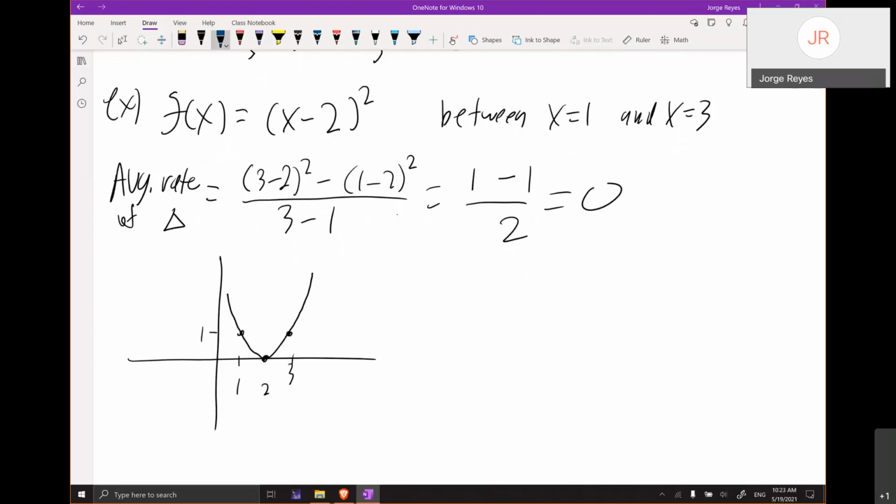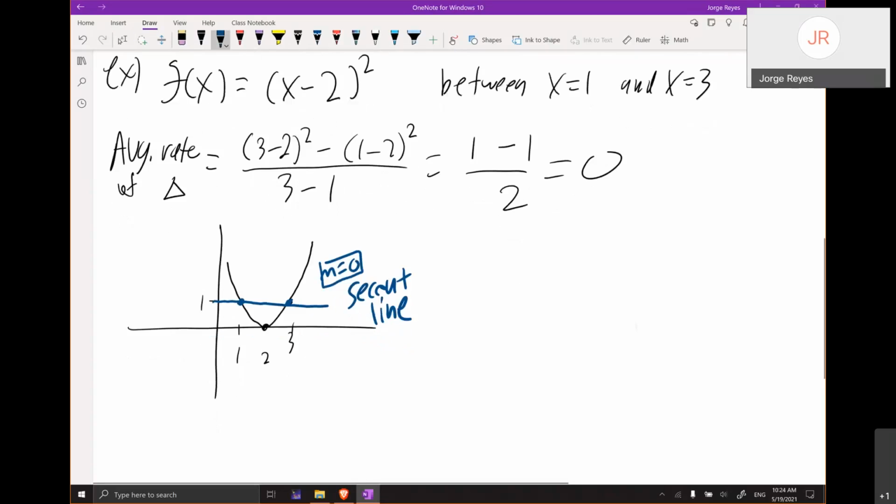So if we look, we have the point 1, 1 and the point 3, 1. If we connect them, that is a flat line. That's a horizontal line, and this line does have slope equal to 0. So this line is called the secant line. And this is the line whose slope tells us the average rate of change between the points.